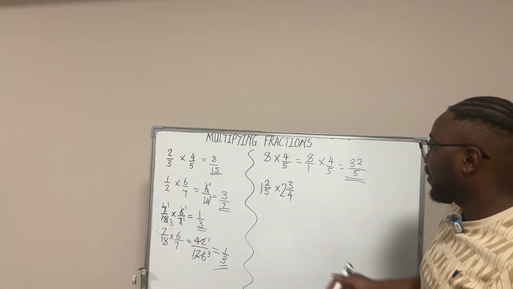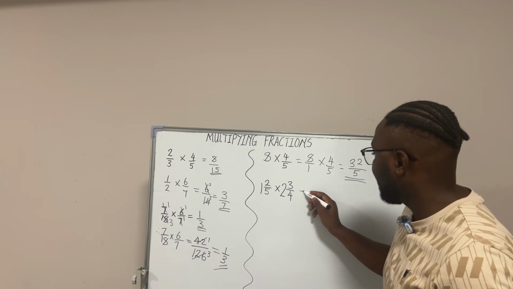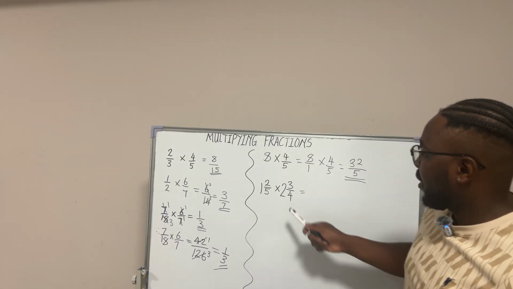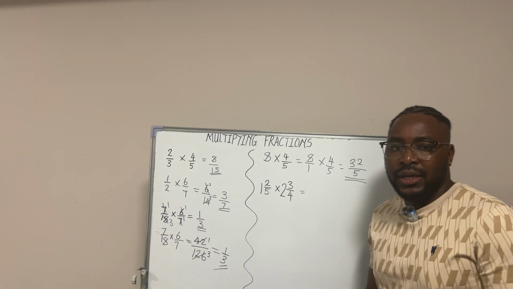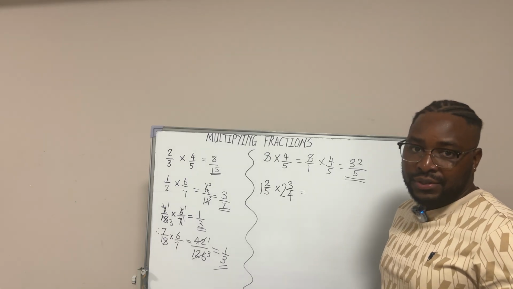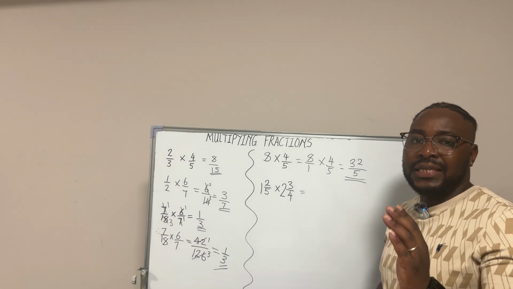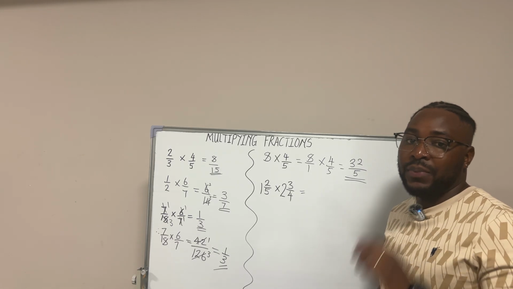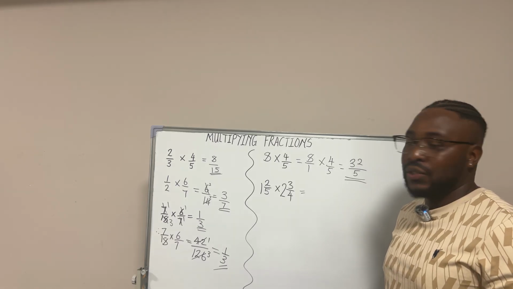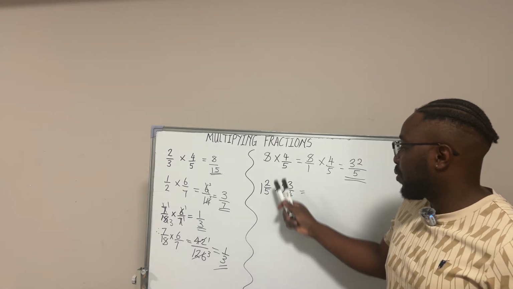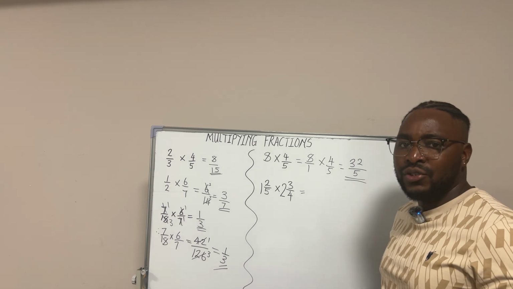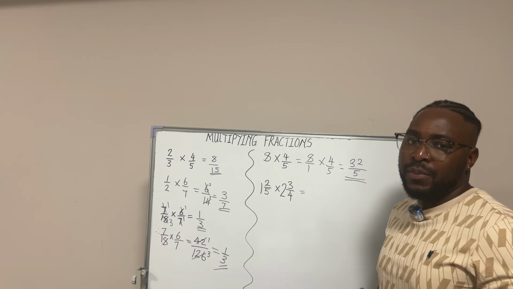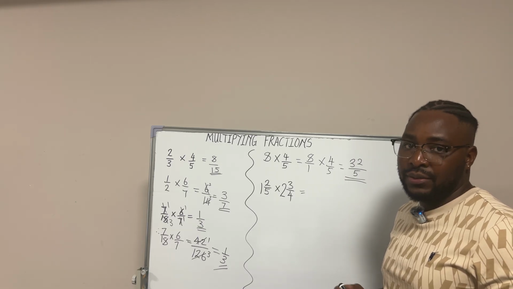Now let's deal with our last question. If you look at this question, it's involving mixed numbers. I've done a lesson on converting mixed numbers to improper fractions, so please check that lesson out. For us to deal with this question, the first thing you have to do is convert these two mixed numbers into improper fractions. How do we do that?